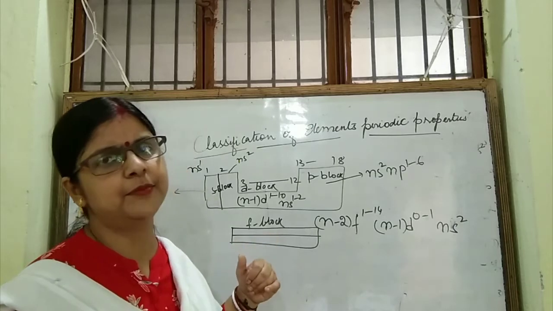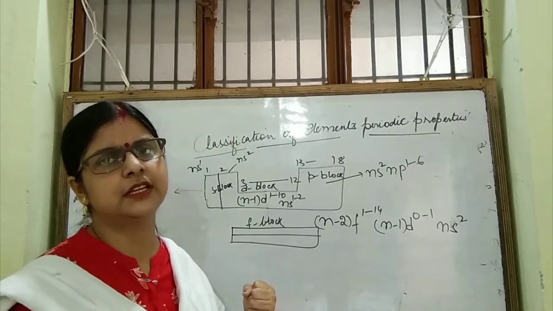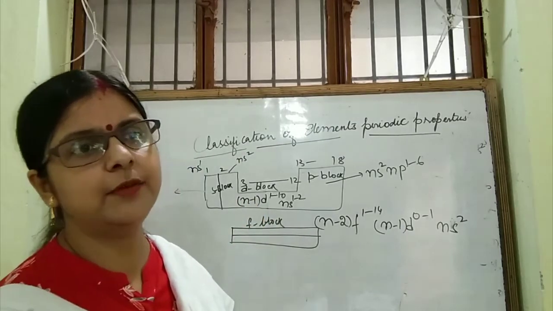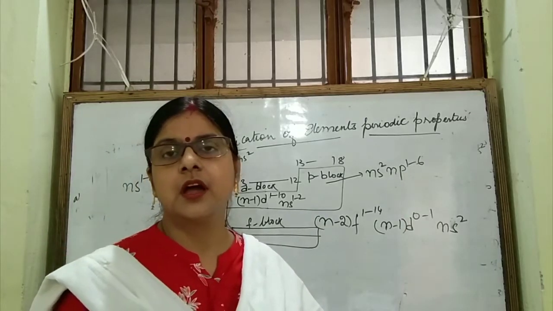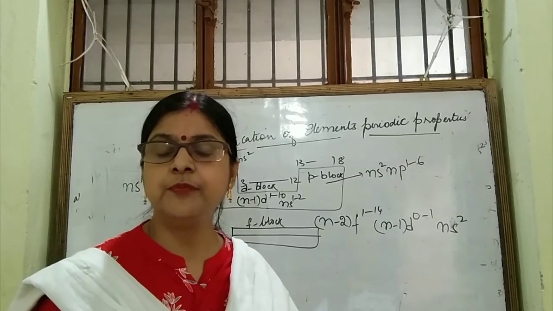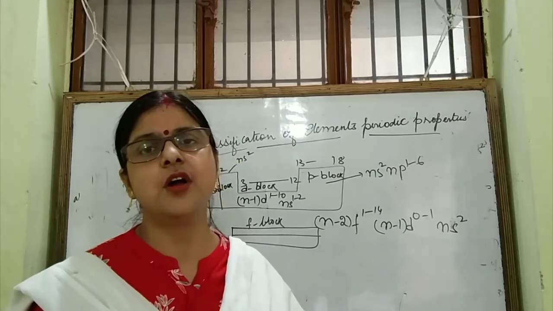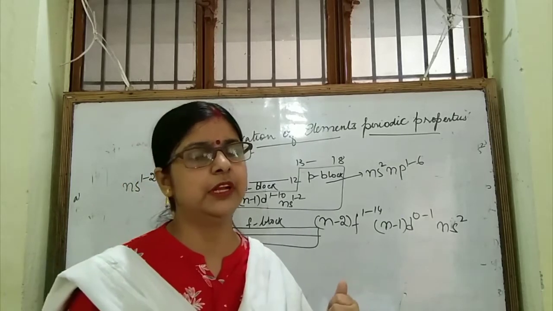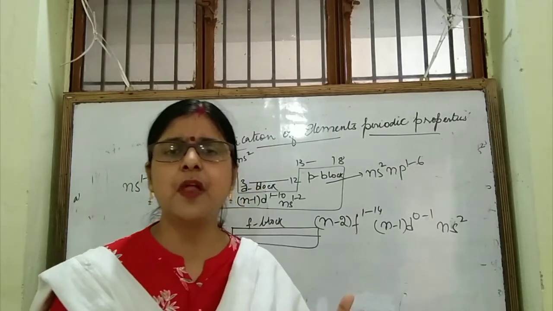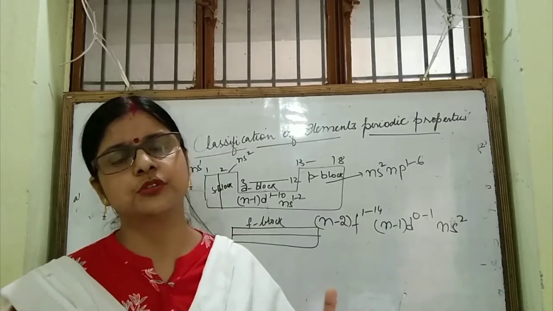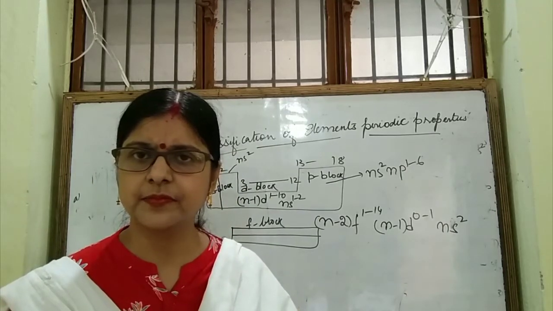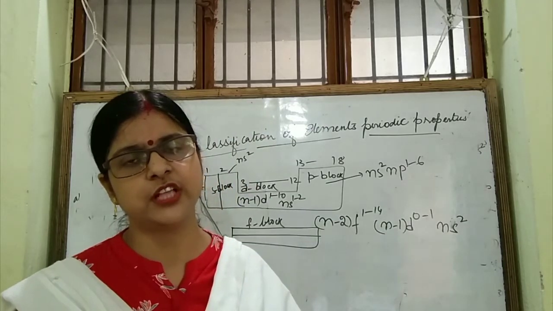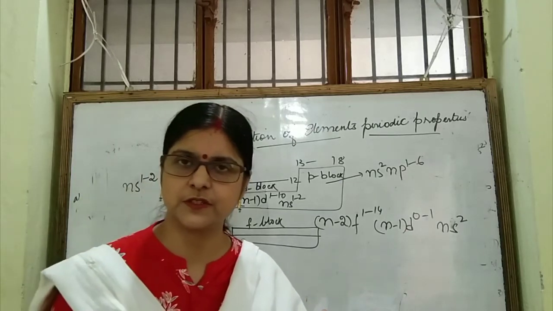They generally have partially filled d orbitals, so they are known as d block elements. Next is P block elements. In P block you'll be finding metals, non-metals and metalloids, 3 kinds of elements. P block elements show variable oxidation states. D block elements also show variable oxidation states. Transition elements also show variable oxidation states.